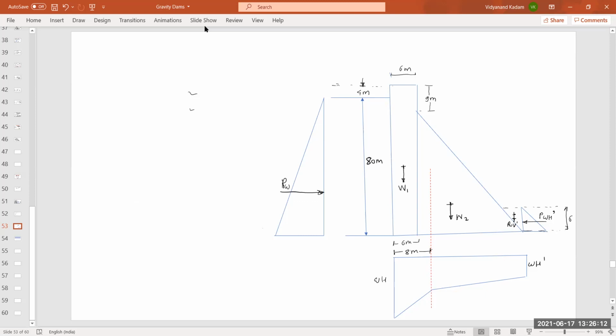Along with this, we have to calculate uplift pressure. Here we can calculate this uplift pressure by dividing this composite figure into some regular figures. Let us divide this figure into some regular figures. These regular figures are U1, the trapezoidal portion, U2, the rectangular portion, and U3, a triangular portion.